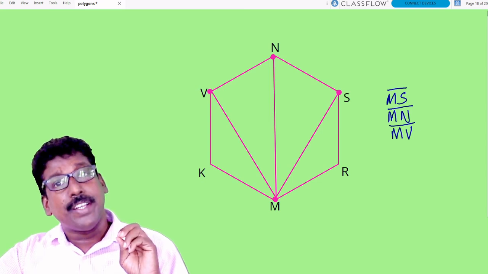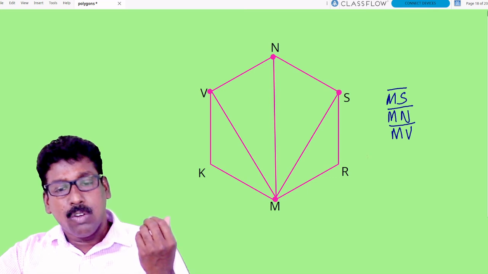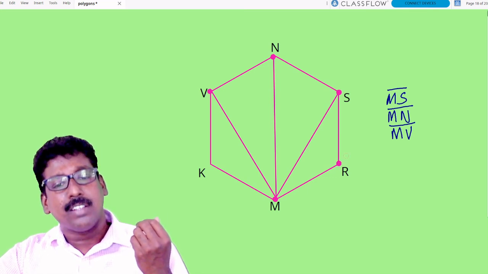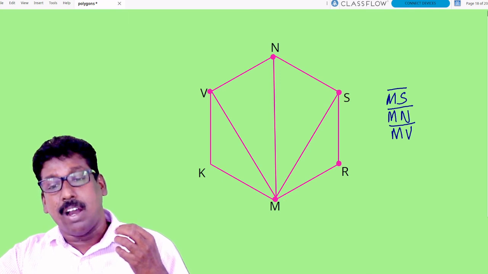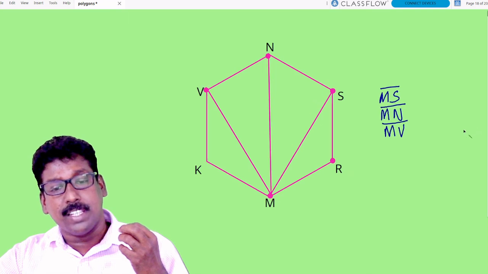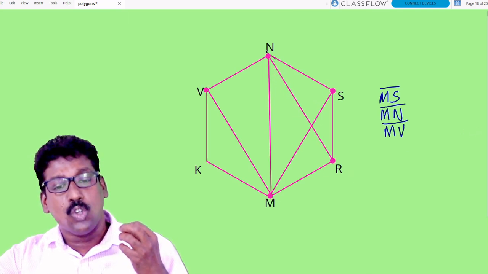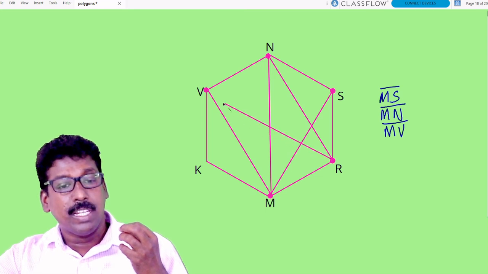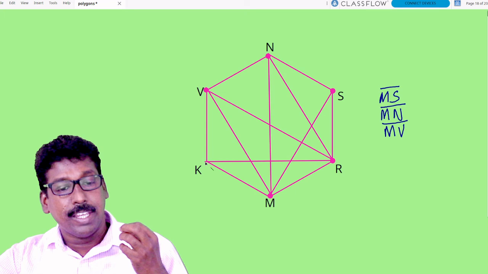Now can you find any more diagonals in this polygon? Now consider the vertex R. According to R, M and S are adjacent. So what are the non-adjacent vertices? N is non-adjacent, join RN. Similarly RV, similarly RK.